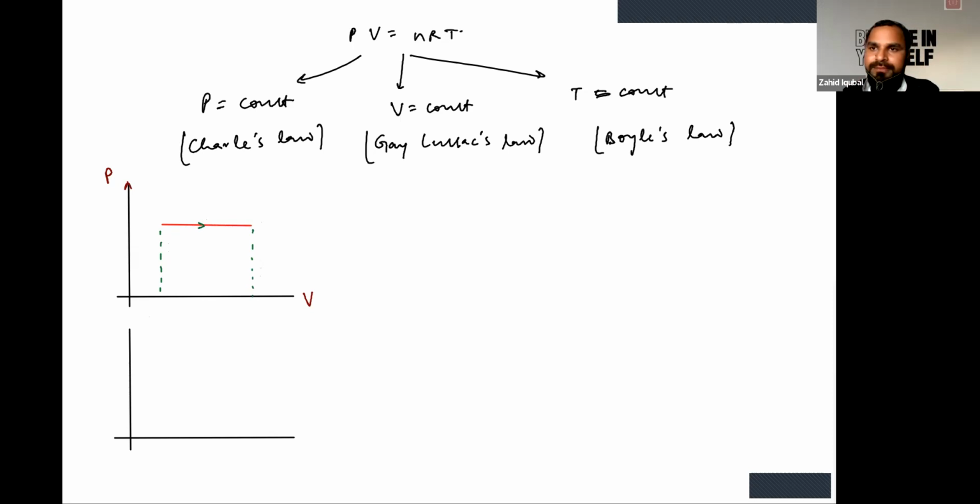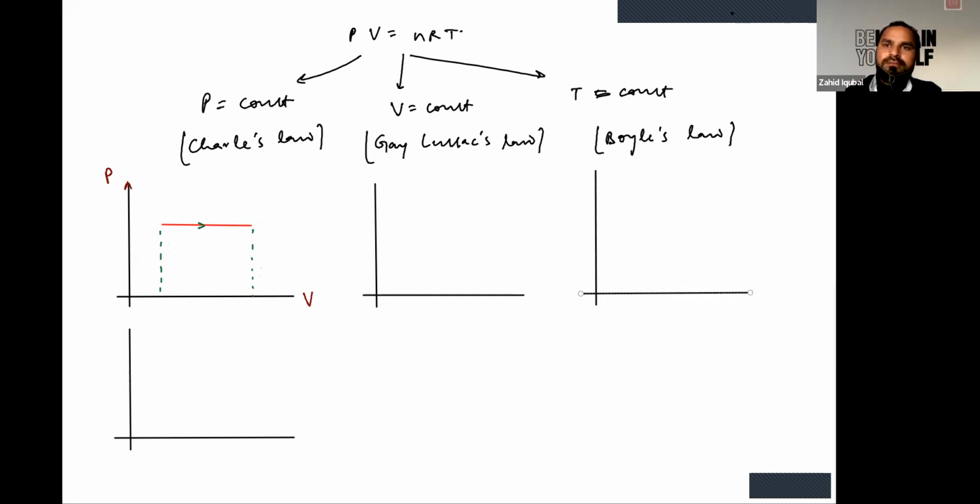Next, in case of isothermal, pressure versus volume, these two terms will be inversely proportional to each other.